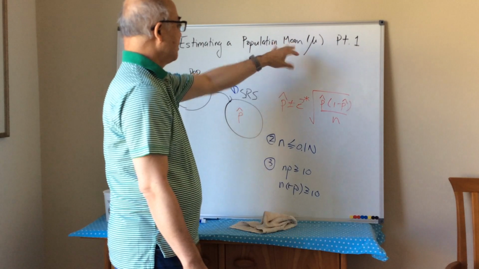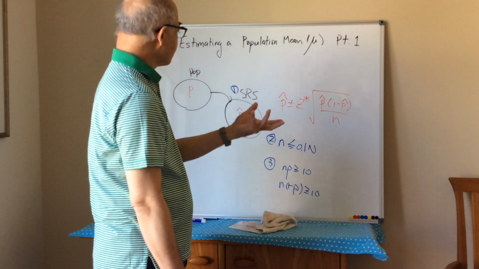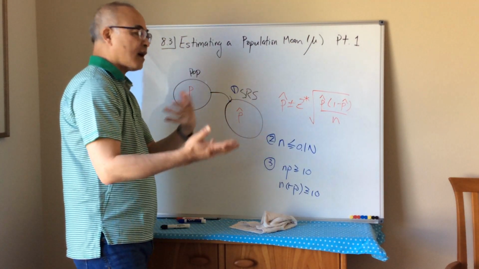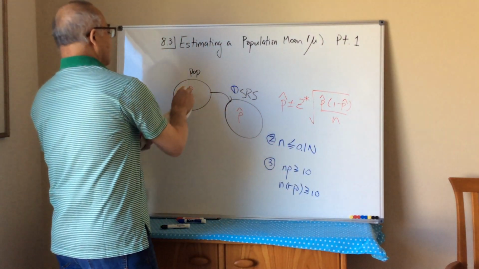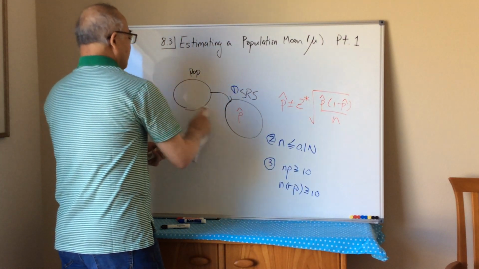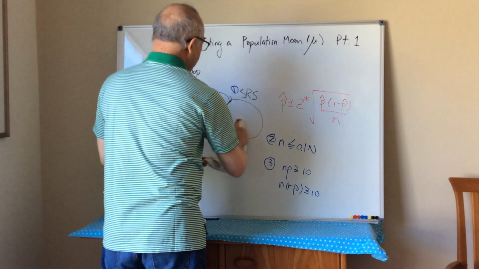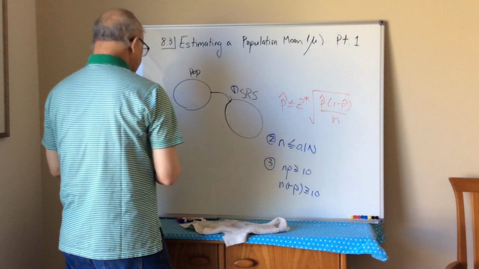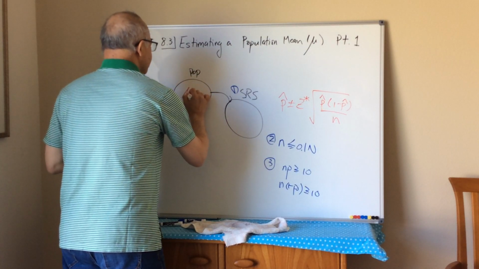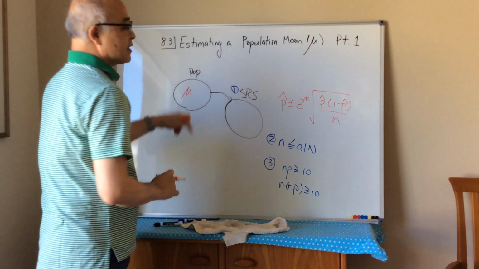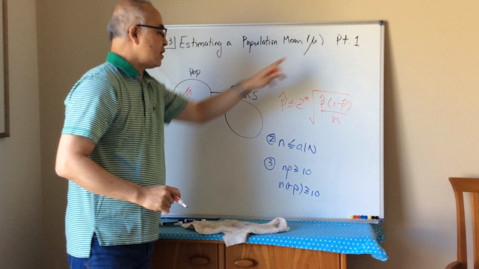When we're talking about the population mean, we're talking about weight, height, something that has a number. So when we talk about a mean, we're looking for the mean here.